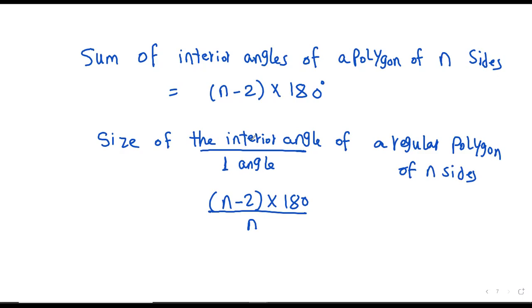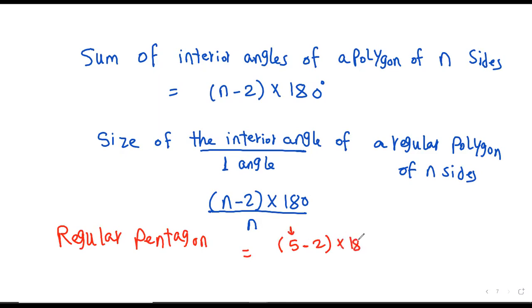Like the size of the interior angle of a regular pentagon. If I ask you to find the size of one angle of the regular pentagon, you will use this rule: 5 minus 2, which is n minus 2, instead of n it's 5 here, multiplied by 180 divided by 5.